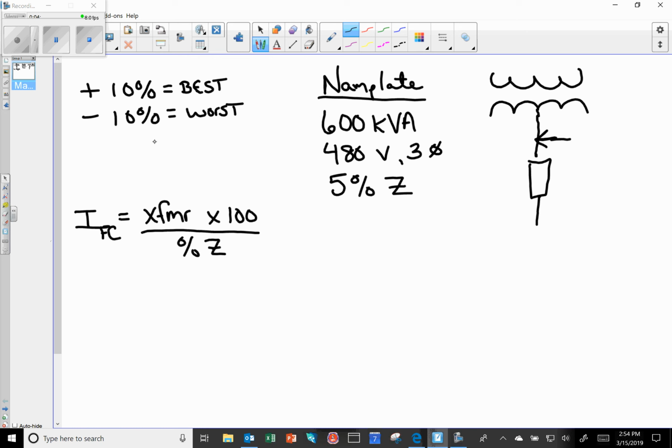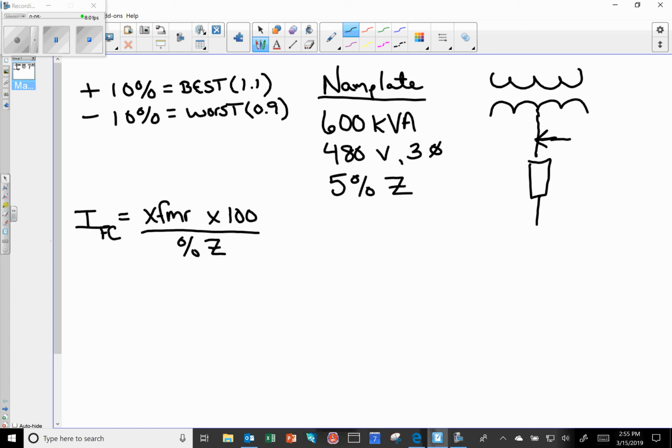Depending on which case we want, and normally we're going to use the worst case scenario, that's going to tell us which multiplier to use. For our best case, we would use a multiplier of 1.1. For our worst case, we'd use a multiplier of 0.9. And this is going to make more sense once we get into this equation.